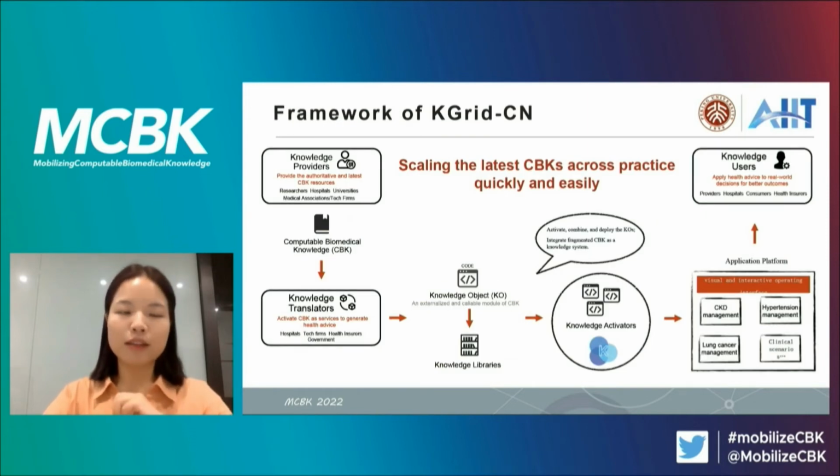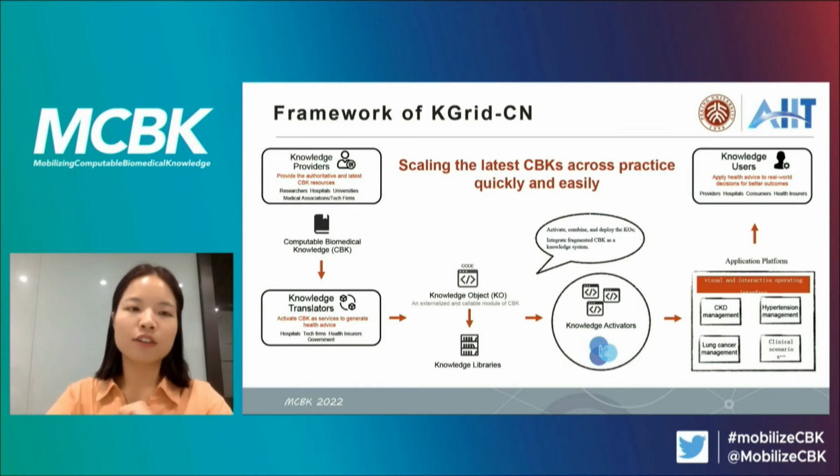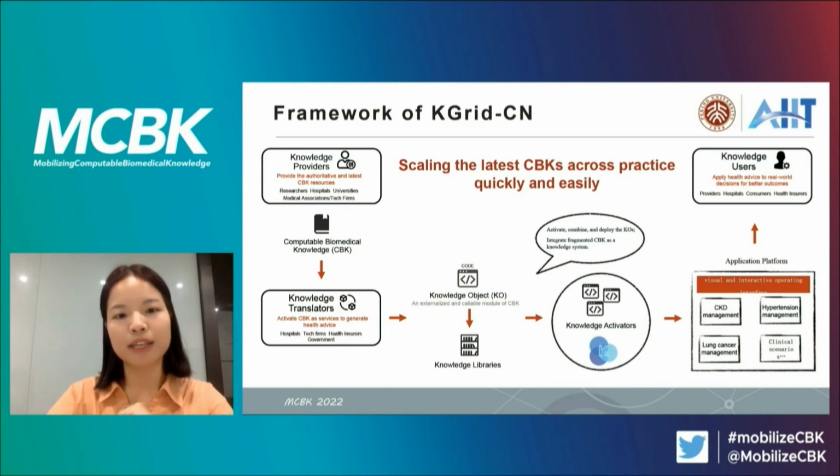The Category China platform is developed based on the plugin architecture, and the basic framework consists of the knowledge libraries, knowledge active vectors, and an application platform. The workflow of Category China is as follows. First, the knowledge providers extract the actionable knowledge and make it machine ready. Second, the knowledge translators transform the CBKs into knowledge objects and archive them in the knowledge libraries.